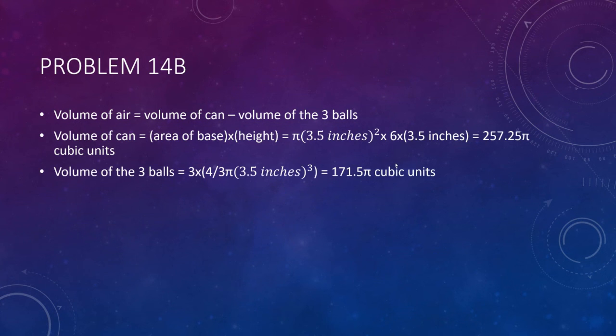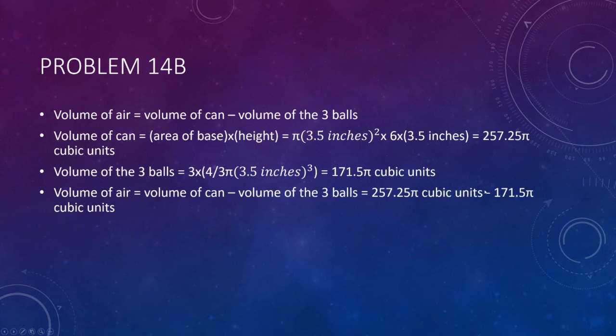To find the volume of the 3 balls, I'm going to take the volume of a sphere and multiply that by 3. The volume of a sphere is 4/3 pi r cubed. I've gone ahead and plugged in the radius of 3.5 inches, and this comes out to be 171.5 pi cubic inches. To find the volume of air, I'm again going to take the volume of the can minus the volume of the 3 balls.